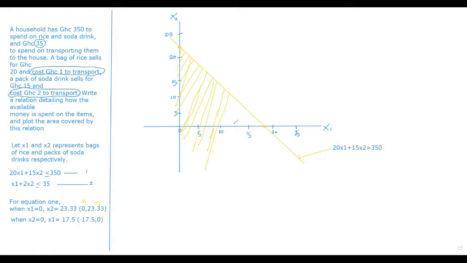Just make sure it cuts the S2 and S1 axis. Now the shaded area here, to give it a name, becomes 20x1 plus 15x2, less than or equal to 350. You get it?